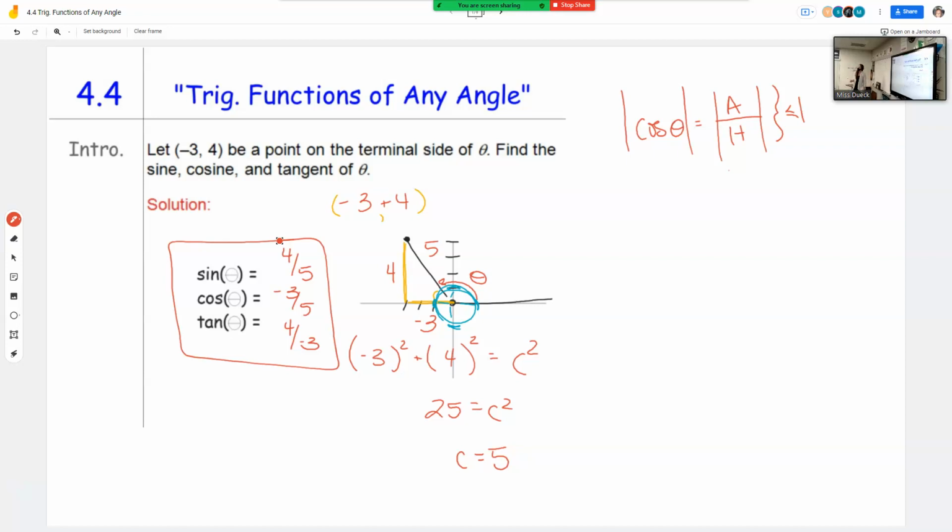So don't lose SOHCAHTOA. SOHCAHTOA is still always the overarching idea, even in the unit circle: draw your triangle. The radius is 1, the hypotenuse is 1. That's why cosine is the x, and that's why sine is the y. So I put a quick little watch out for Pythagorean, or don't forget Pythagorean.